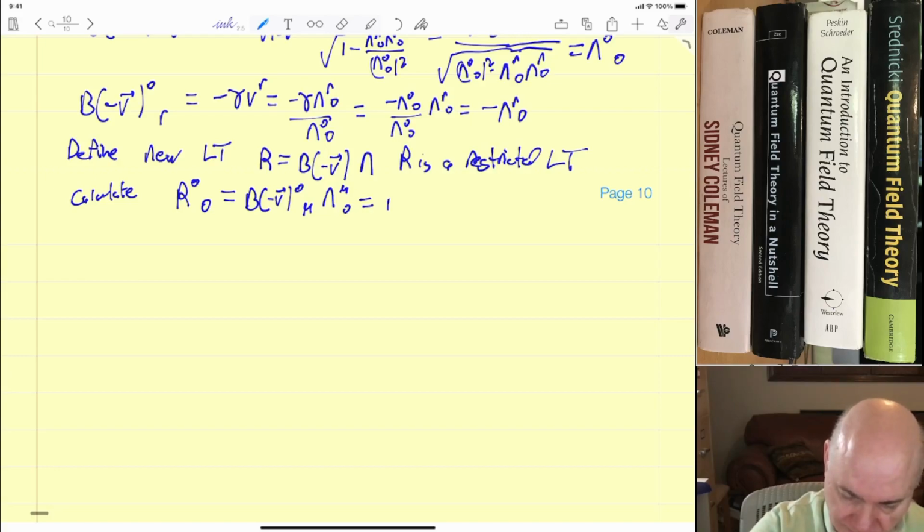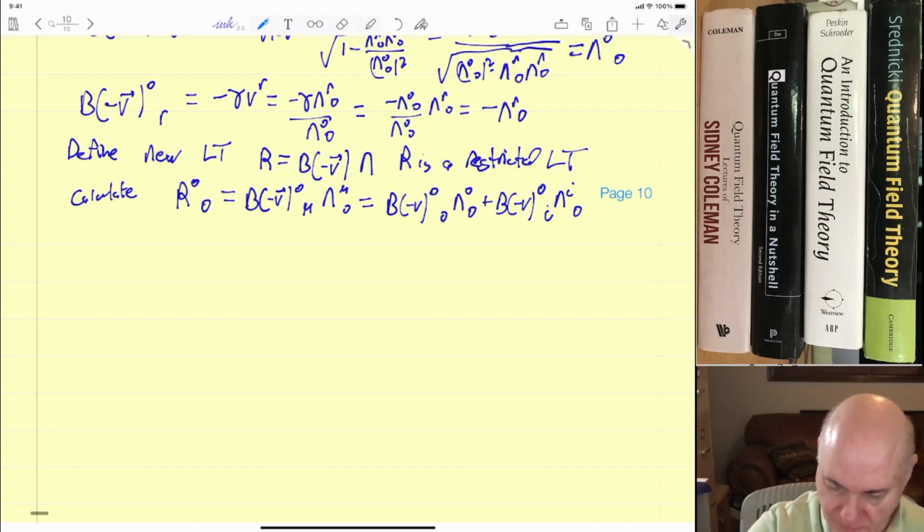So this is B of minus v 0 0 lambda 0 0, plus B of minus v 0 i lambda i 0, where we're summing on i's. When we sum on Latin indices, it's a spatial summation from 1 to 3.